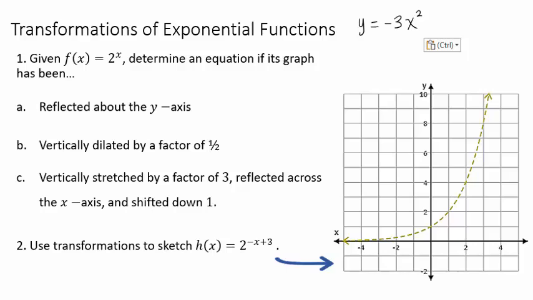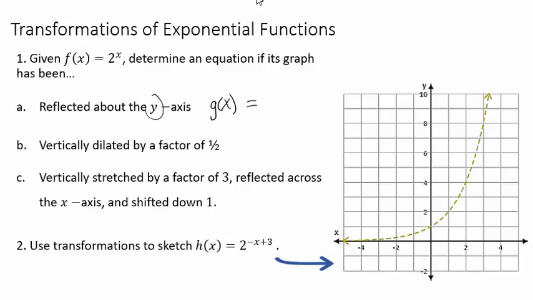So if we're given f of x equals 2 to the x, an exponential function, and we want to reflect it about the y-axis, we know that we're going to include a negative somewhere. Okay, so I'll call this new function g of x.